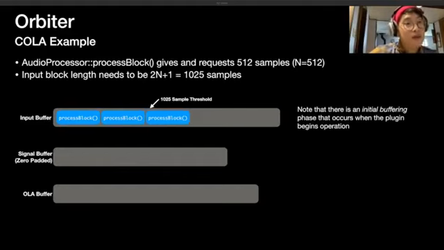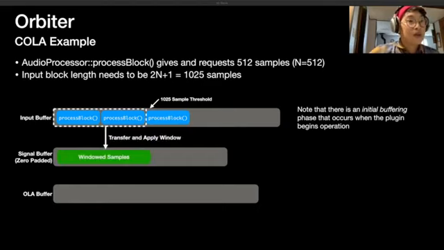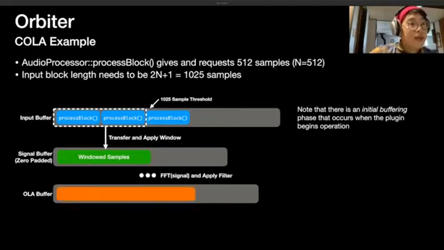Finally, at the third process block call, we finally have enough samples to initiate processing. And so those 1025 samples get transferred into this signal buffer, an FFT is run, processing is done, and we get this resulting signal in the overlap and add buffer.